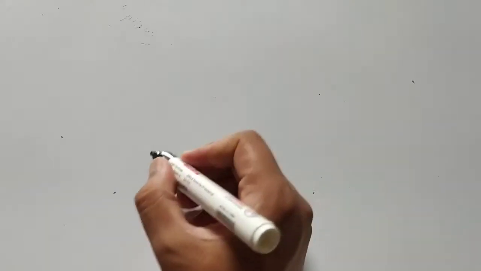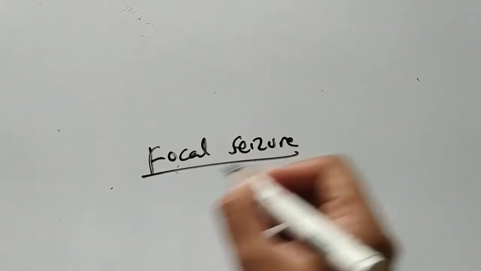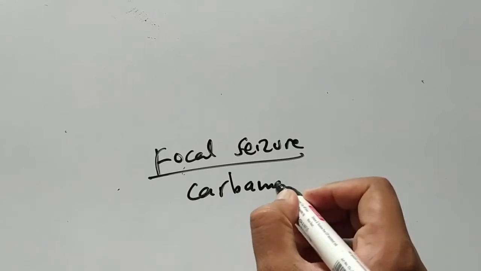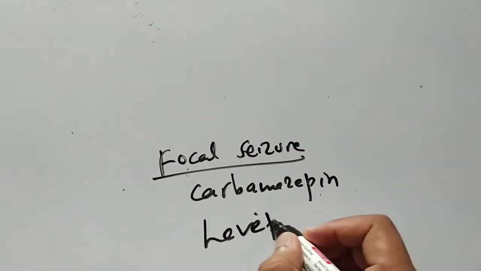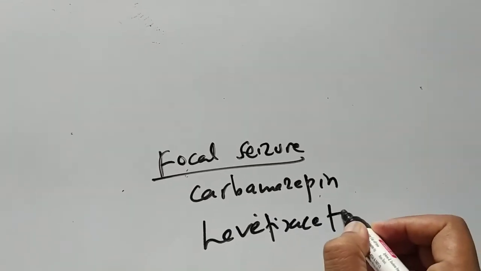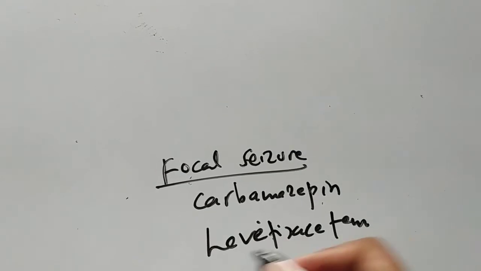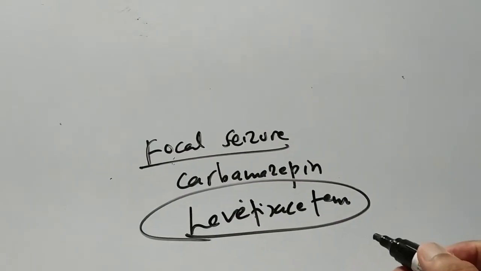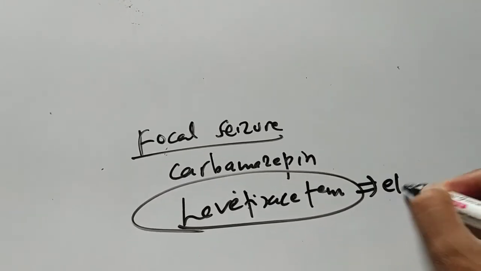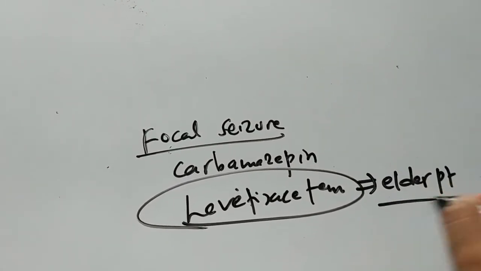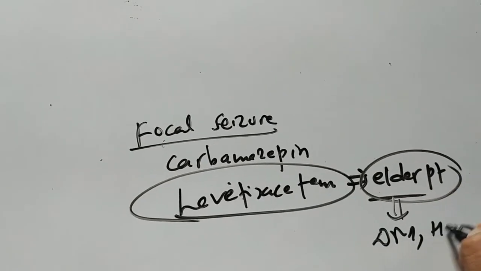For the focal seizure, basically the choice of drugs are carbamazepine and levetiracetam. Levetiracetam is a drug which can be given to elderly patients, those who are having any comorbid condition like diabetes mellitus or hypertension.